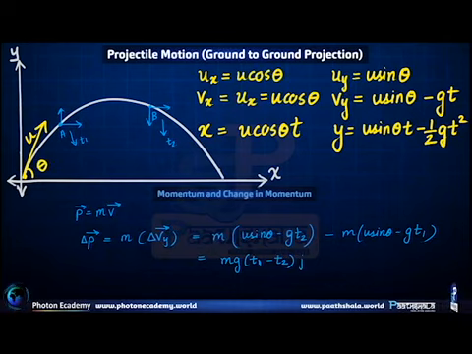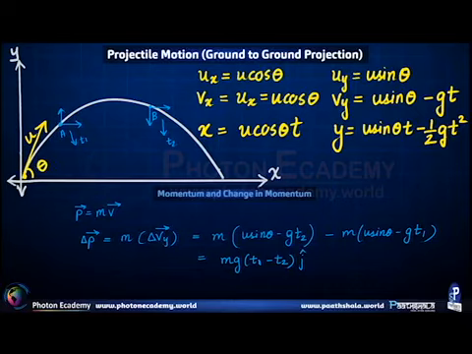So this direction is given as j cap. Now if t2 happens to be greater than t1, then in that case the answer is going to be negative, or the change in momentum is negative. That means momentum has decreased, which is obvious because momentum always keeps on decreasing in the vertical direction, because the force of gravity mg is acting in the downward direction.